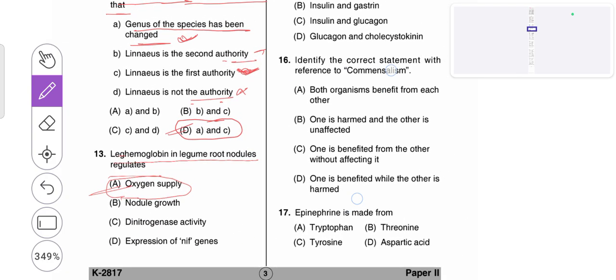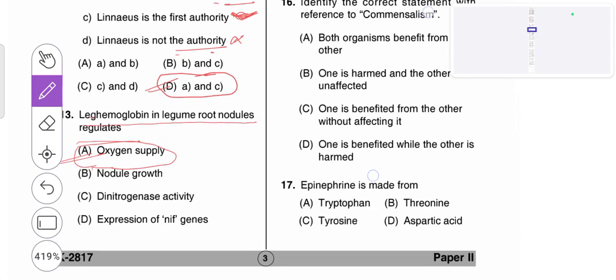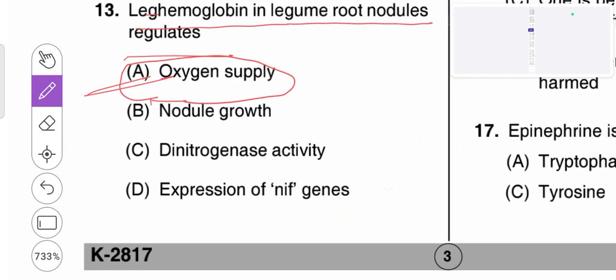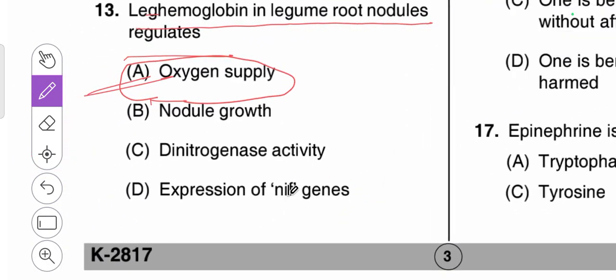Then here they have given one more thing, NIF genes. What about these NIF genes?